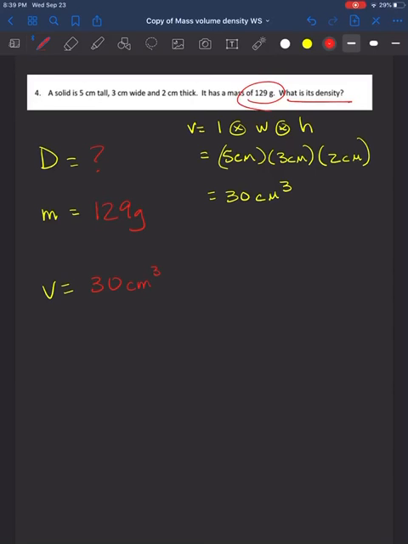And now I can actually solve for density, which is the mass divided by the volume. So I'll take 129 grams and divide it by 30 cubic centimeters. And I get 4.3 grams per cubic centimeter.